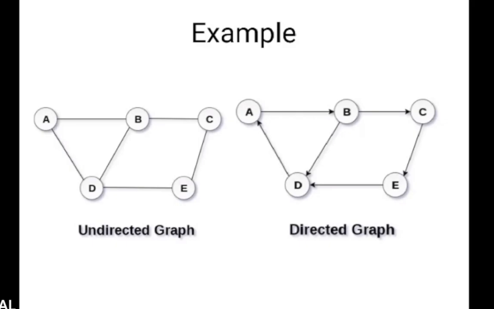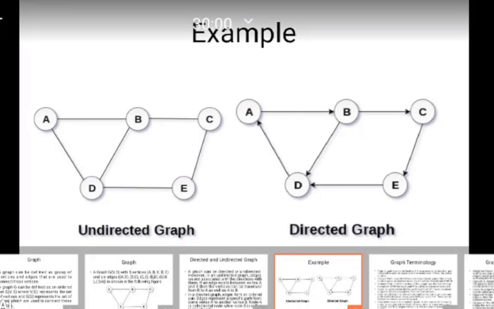And if there is a path where there is no repeated edge and no repeated vertex except the first and last, and it is a closed path, we call it a cycle or a loop.